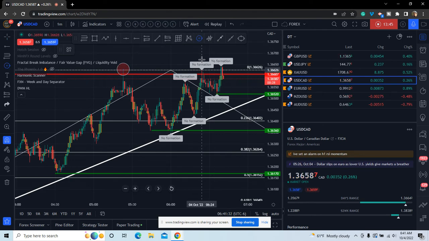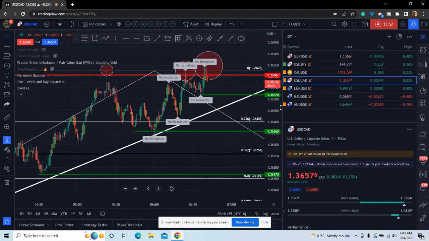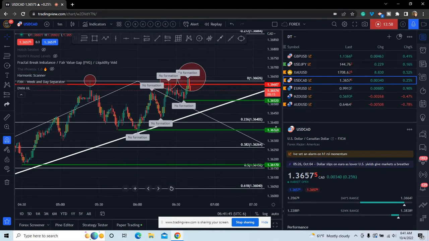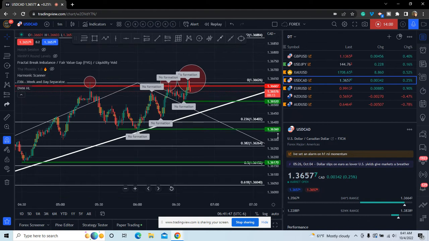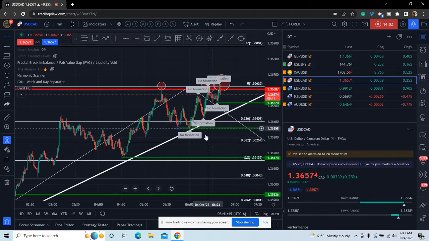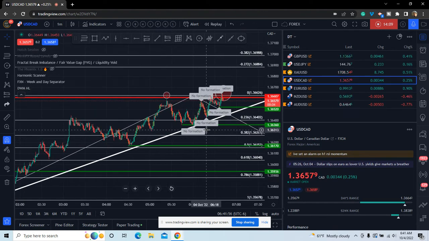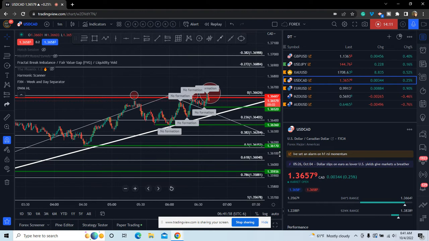There, there, and now here. Break of structure would be the trigger to look for a move into $136.20.